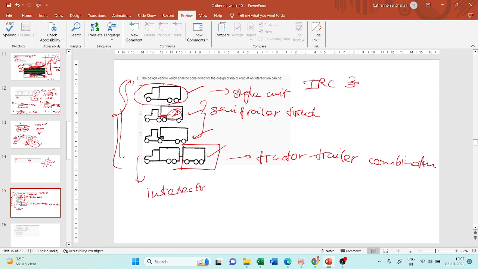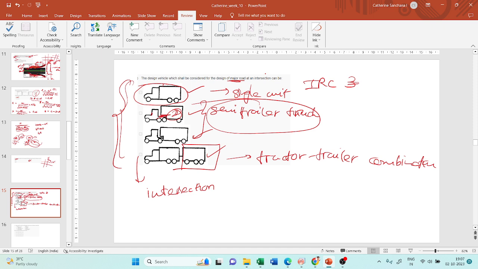Okay, and for this question they are asking you, for a major road what is the design vehicle, right? So if you see, for rural roads, okay, for major roads they use semi-trailer truck as design vehicle at an intersection.